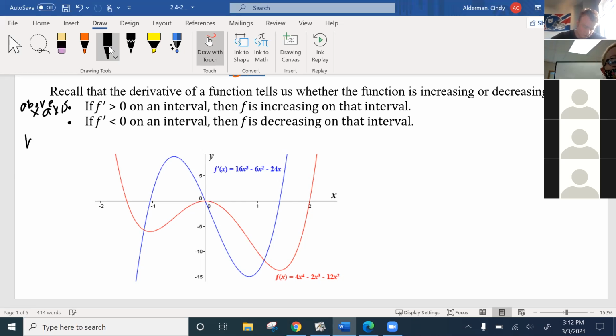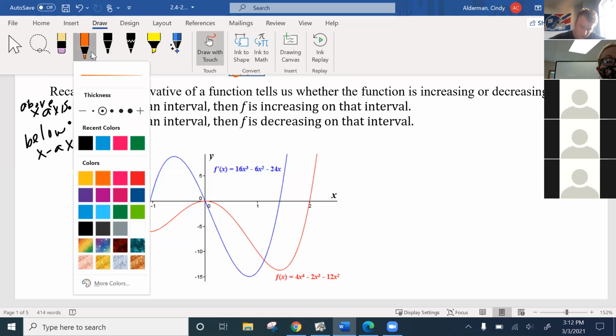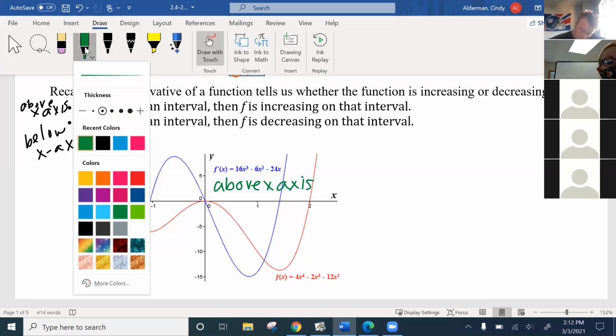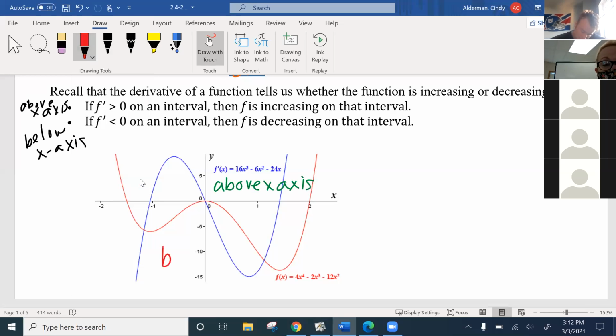Or if it's below the x-axis. So I'm going to say this is above and this is below the x-axis.